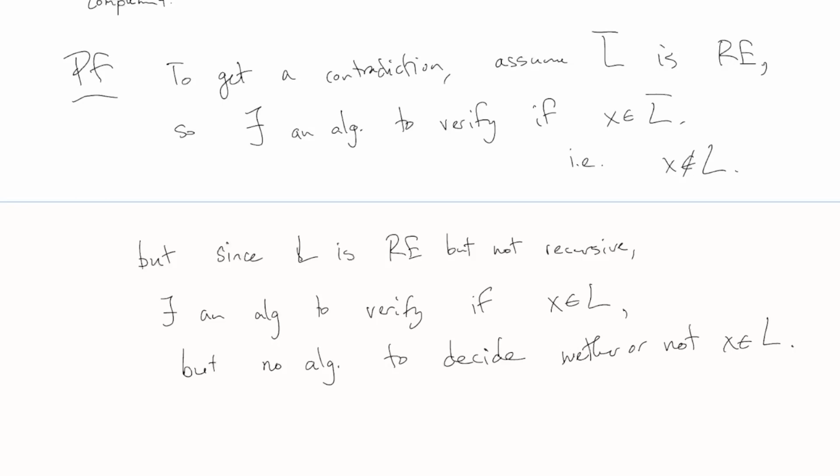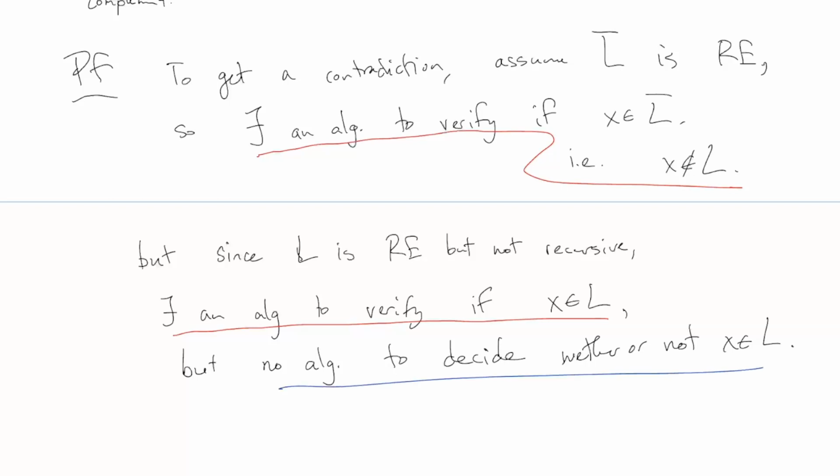But this is a contradiction, right? Right here. I said there exists an algorithm to verify if X is not in L, and we also said there exists an algorithm to verify if X is in L. That means if you just run the two algorithms at the same time, you have a procedure to decide whether or not X is in L. And that's the contradiction with right here.